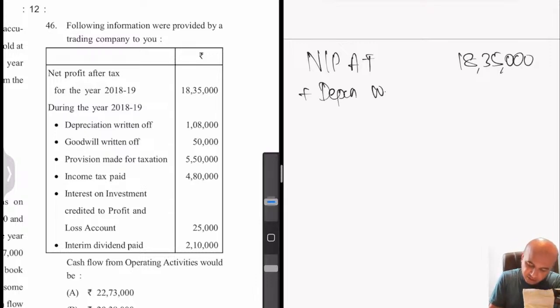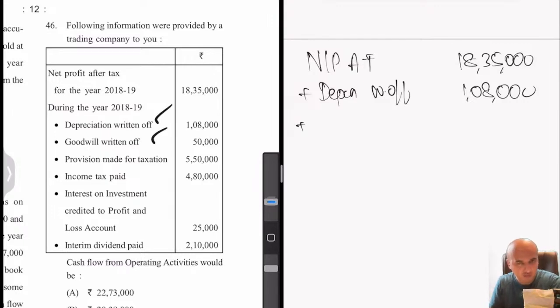Depreciation written off. How much is the depreciation which they had written off? 1,08,000. Why are we adding back? Remember, it's a non-cash expenditure, so therefore we are adding it back. Likewise, what else is a non-cash expenditure? Goodwill written off. It's also a non-cash expenditure. There is nothing which is going out of the business when it comes to goodwill.